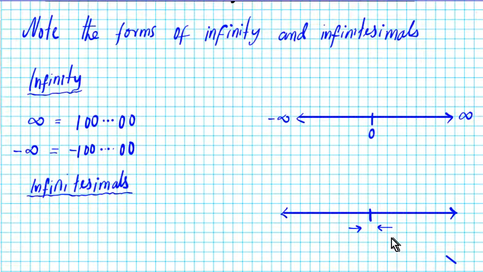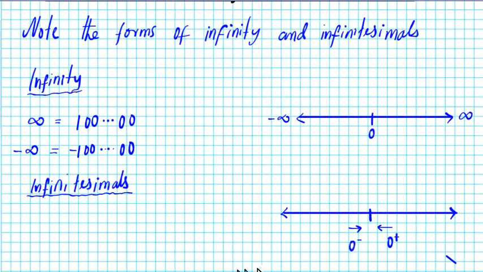Okay? So from the right, you have 0 from the right. This represents the smallest positive number. Okay? And then 0 from the left represents the biggest negative number. Okay? Think about this as an extremely small positive number, and this as an extremely small negative number.